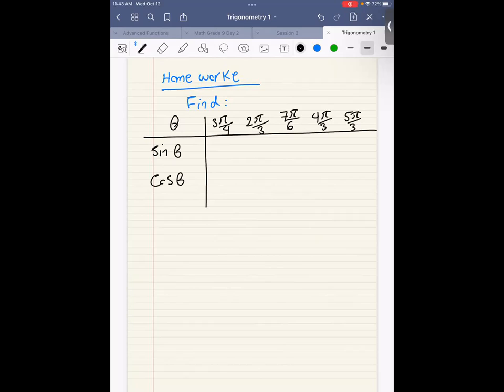Okay? Just compute the sine and cosine for these angles.